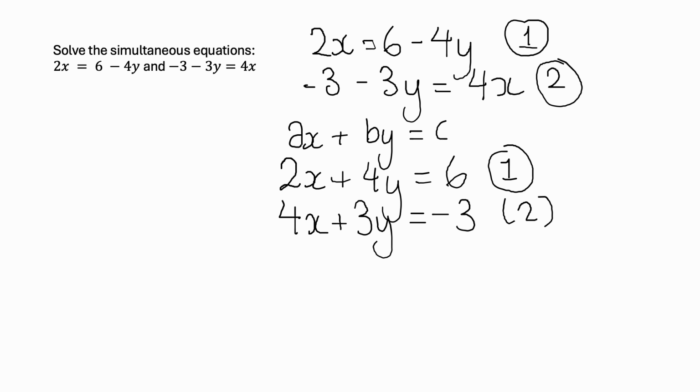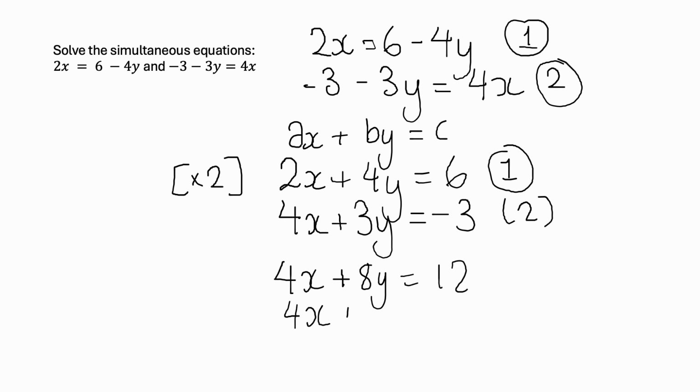What we can do here is multiply the first equation by 2: we'll multiply the 2x by 2, the 4y by 2, and the 6 by 2. So we would get 4x plus 8y is equal to 12. And then the bottom one will stay the same.